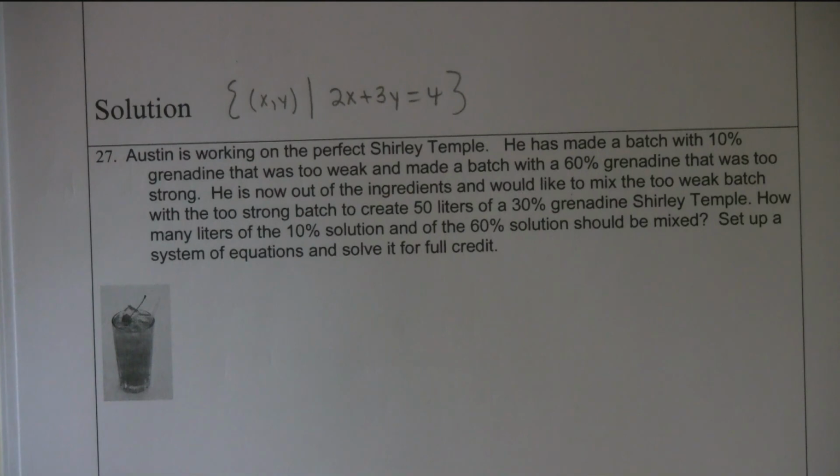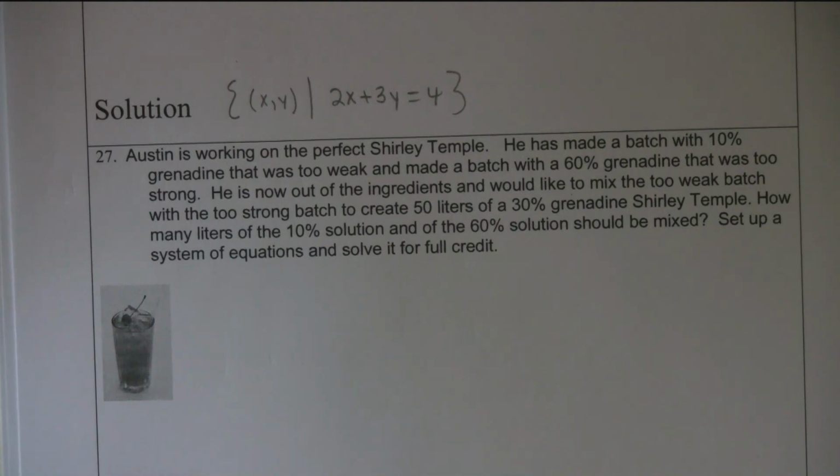This is about my nephew Austin. He used to be a bartender at the Crystal Palace, and he used to make a pretty good Shirley Temple. He has made a batch with 10% grenadine. That's the red sugary stuff. That was too weak. And then he made another batch with 60% grenadine. That was too strong.